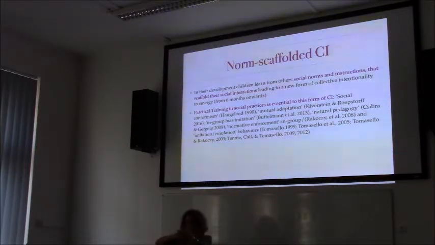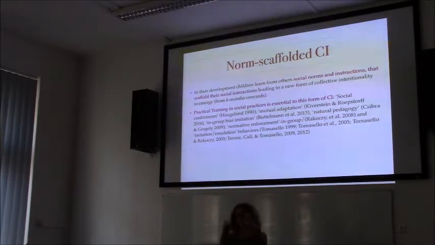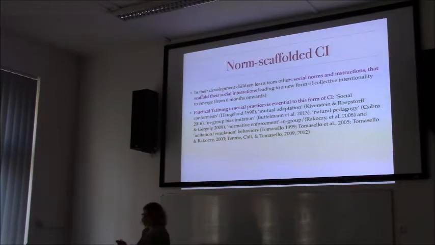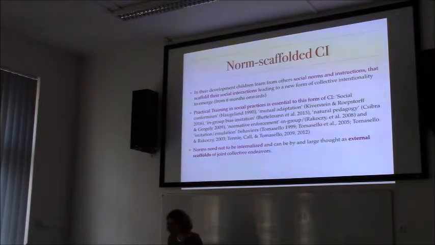But the idea is that there is some kind of engagement with the other that can be described as capacities for social learning, imitation, and so on, that allows for this scaffolding of capacities to take place.